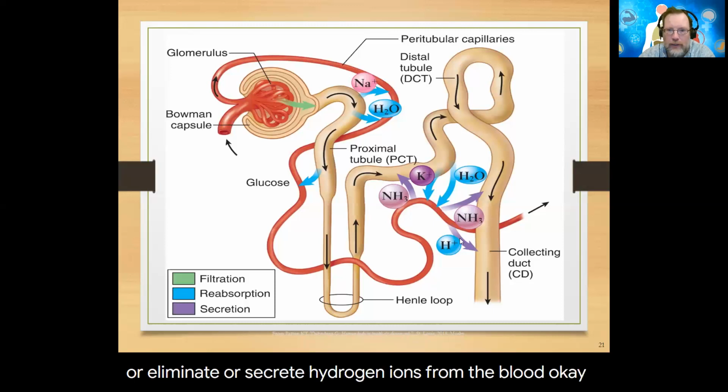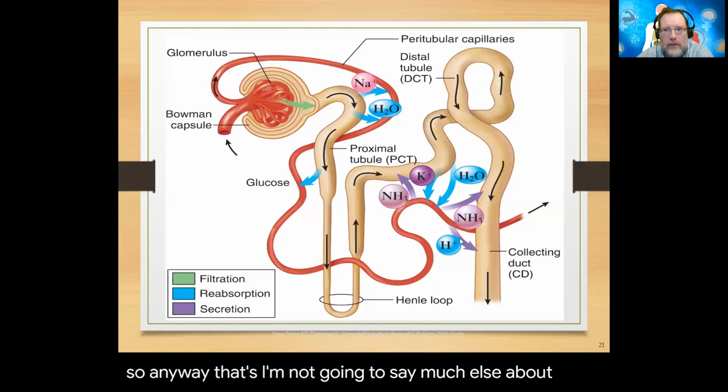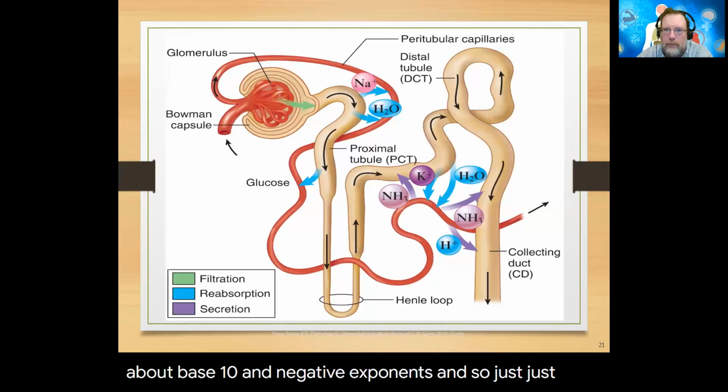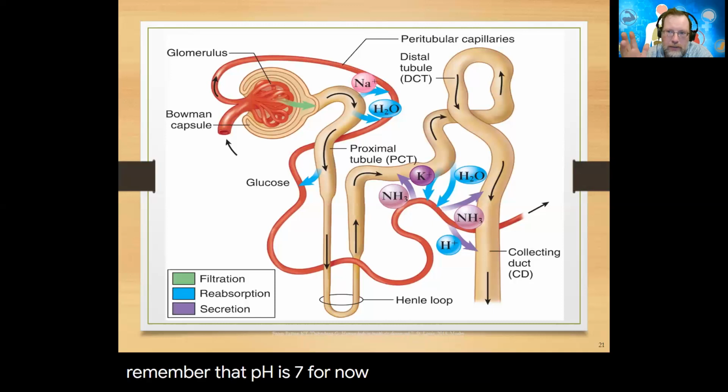Okay, so anyway, I'm not going to say much else about pH. It usually gets people freaked out when you start talking about base 10 and negative exponents, so just remember that pH of 7 is neutral for now. That means 10 to the negative seventh concentration of hydrogen ions.